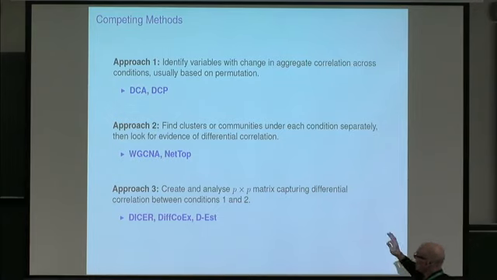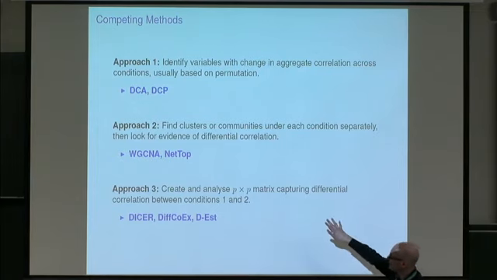Another approach is to apply community detection, or clusters, in the first data set, and then see if any of those things look differently correlated in the second data set, right? But you're doing something conditional there, and that's again not an ideal way of identifying what's going on in general.